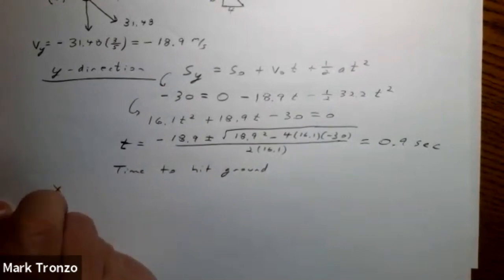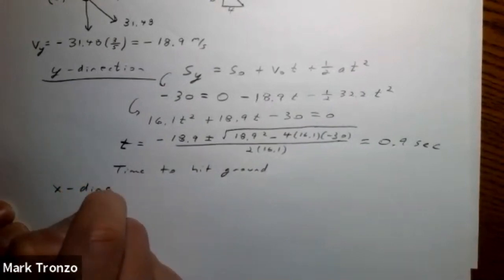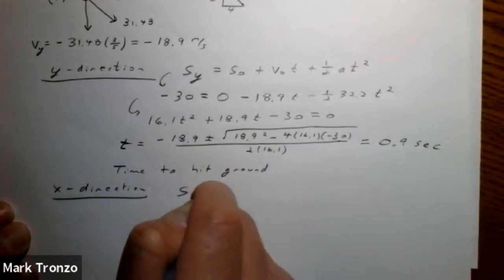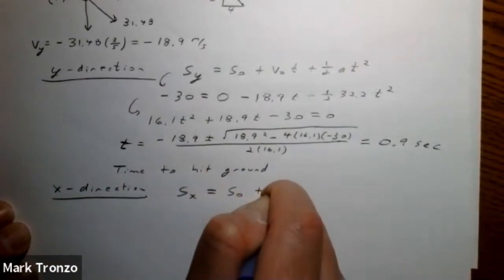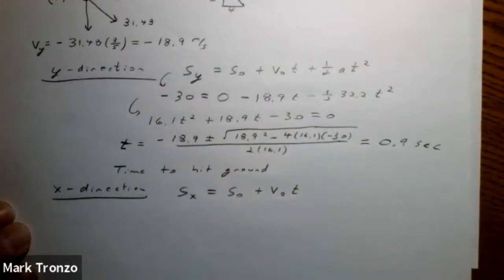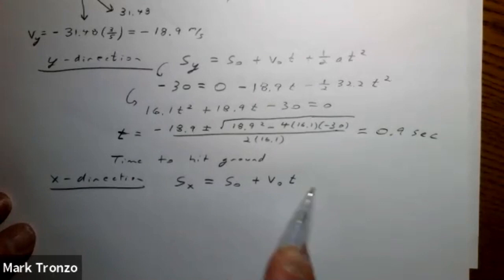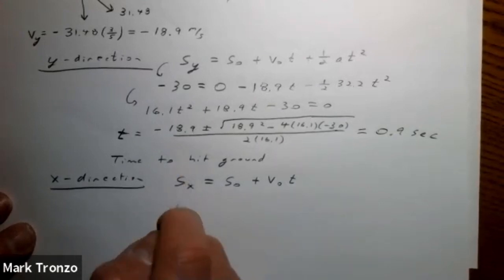Now we want to see what x is doing during that time in the x direction. So S of x is going to be S0 plus V0 t. Remember, from the last chapter, there's no acceleration in the x direction.